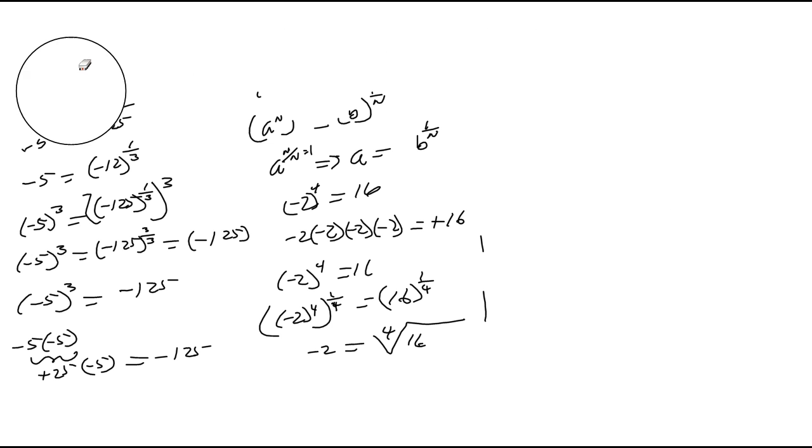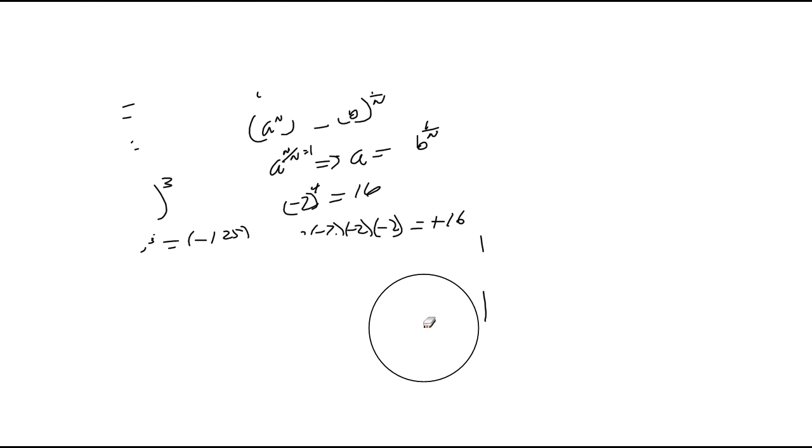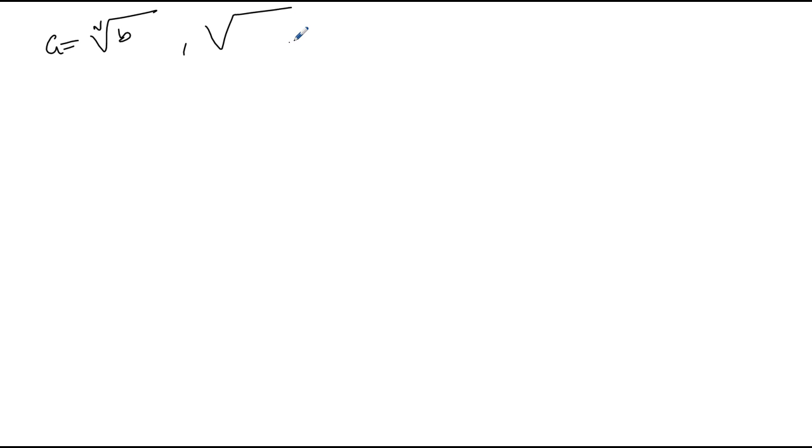and start something new here. So I'll get my pen back. Whenever we have A is equal to the nth root of B, this symbol is called a radical.